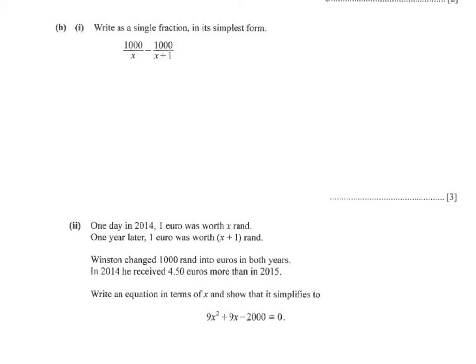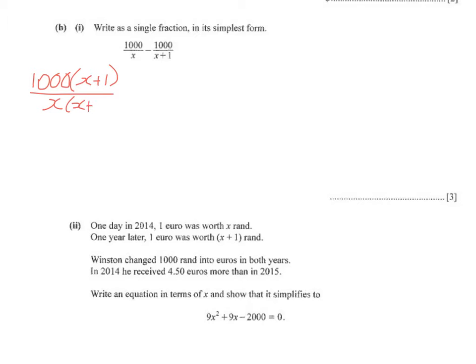To do that here, we're going to multiply the one on the left by x plus 1. Although it's not actually multiplying by x plus 1, because we're going to multiply the numerator by x plus 1 and the denominator by x plus 1.